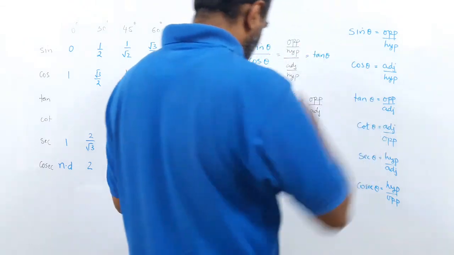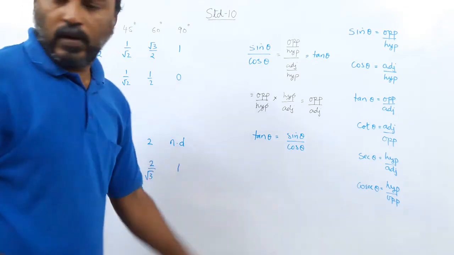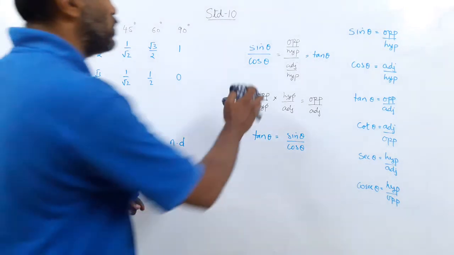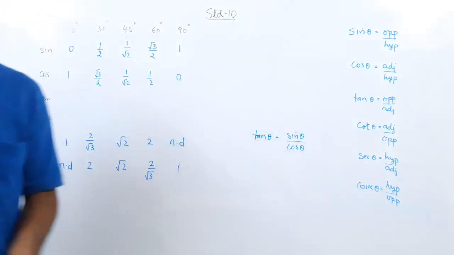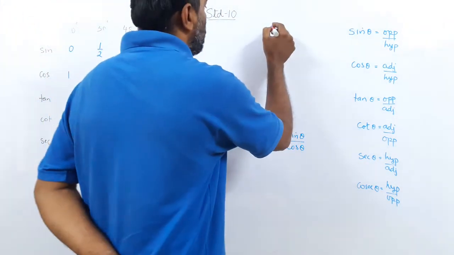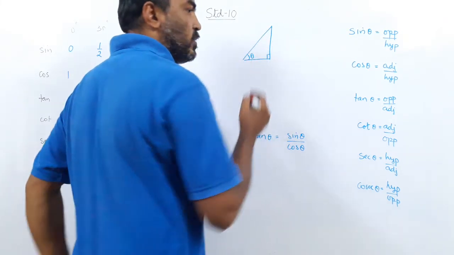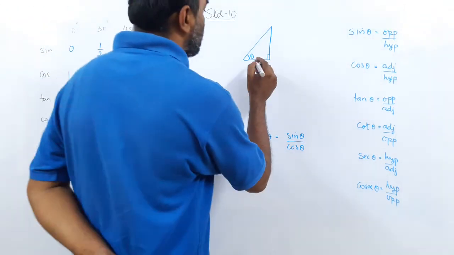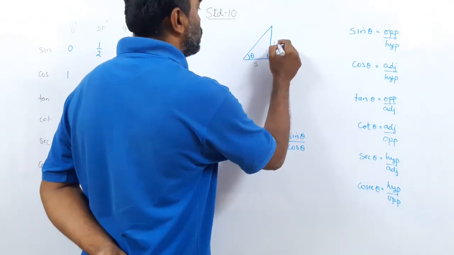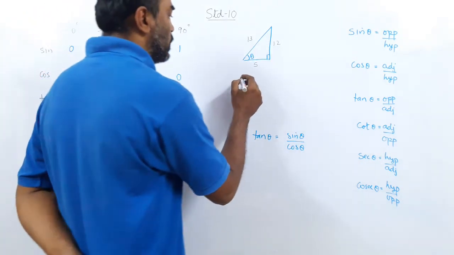Now go back to the previous sums and check again. Okay, so you understood this formula. Now let us verify this before we move on to the table. For example, we have a right angle triangle with angle theta. Let us say this side is 5 and this is 12, so the hypotenuse will be 13 by the Pythagoras theorem.